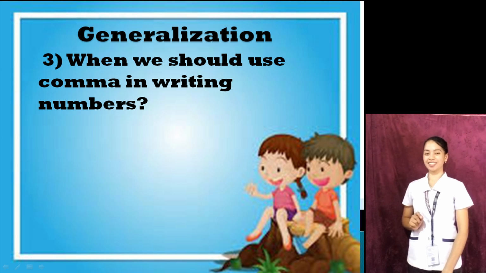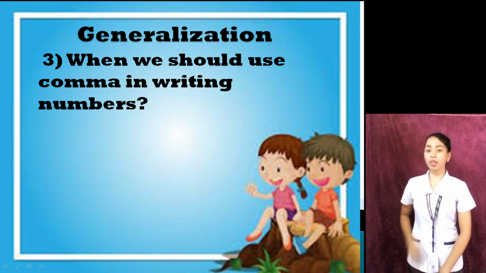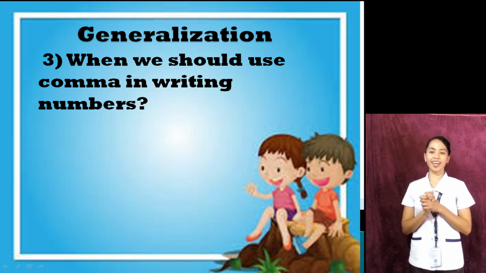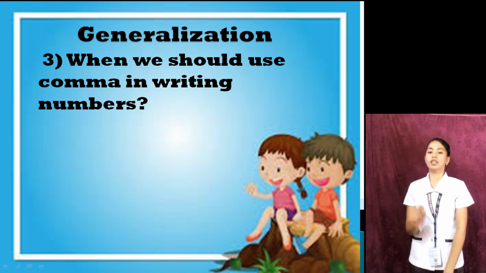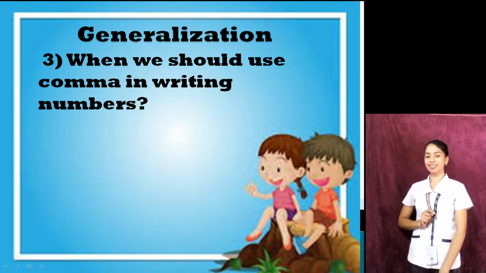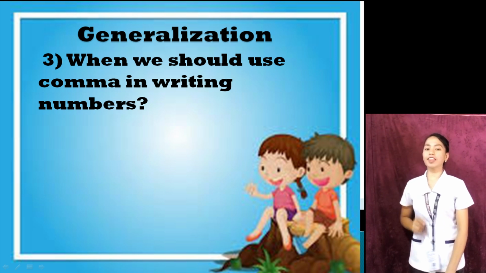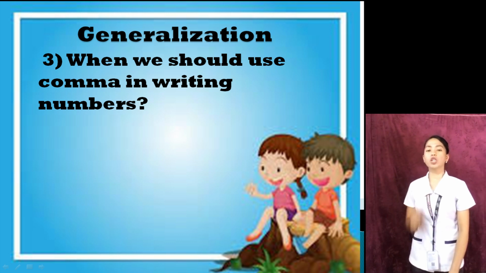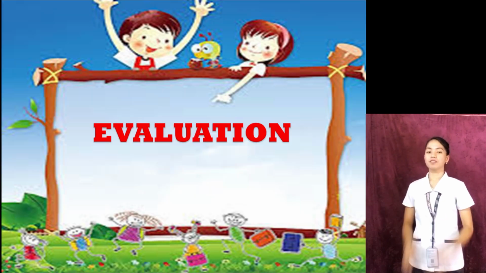Third question. When should we use comma in writing numbers? Okay, very good. A comma is used after writing a period of numbers. You also need to use a hyphen between the tens and ones digits when writing the numbers 21 to 99.